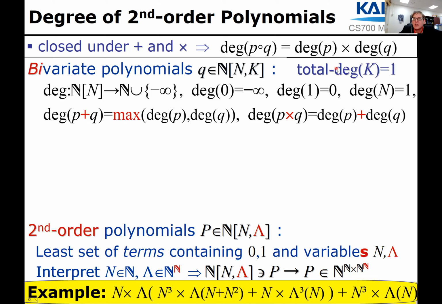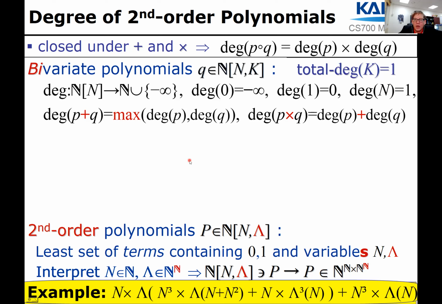And this induced degree is sometimes called total degree to distinguish it from the maximum degree. So here in the bivariate setting, we consider the total degree, and the only new definition or extension of the univariate definition is to define that the degree of the newly introduced variable k is also 1, like the degree of the variable n.